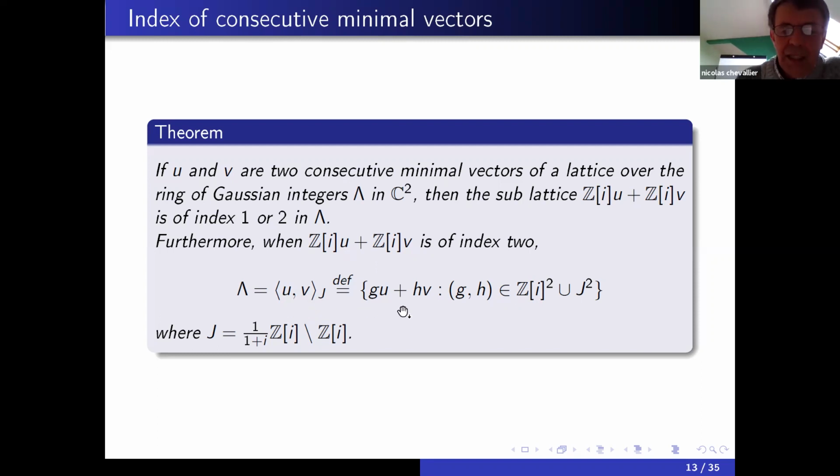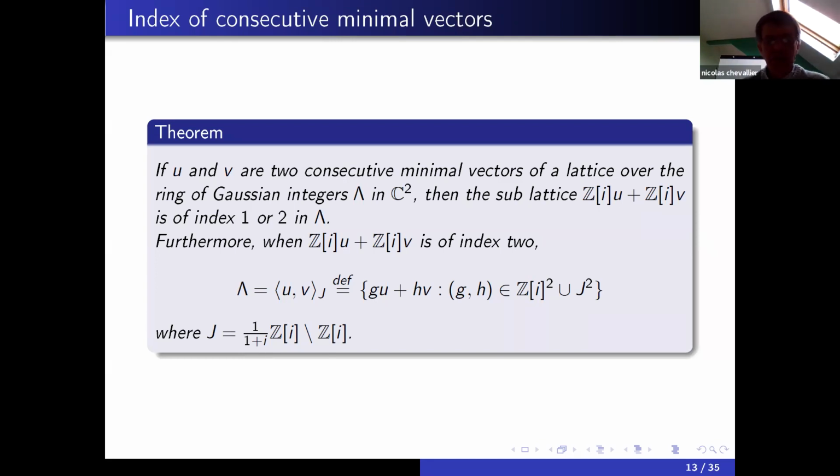These lambda are given by the linear combination with coefficients both Gaussian integers, or both in the set G here. And the set G here is the multiples of 1 over 1 plus I that are not Gaussian integers.